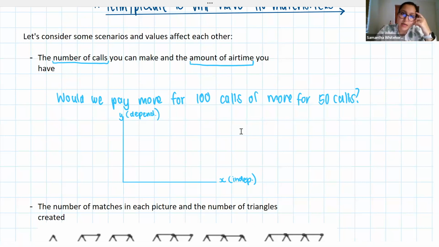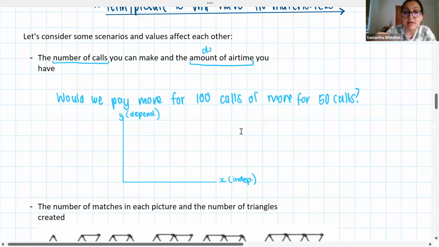Now I know this is something that we struggle with. So I always think in my head, which variable or which scenario affects the other. So the number of calls I make affects the amount of airtime that I have, right? The more calls I make, the less airtime I'm going to have. And because the number of calls is affecting my amount of airtime, the amount of airtime depends on how many calls I make.